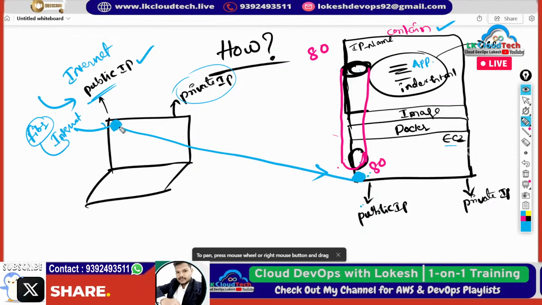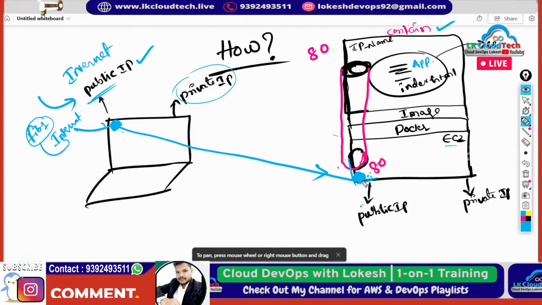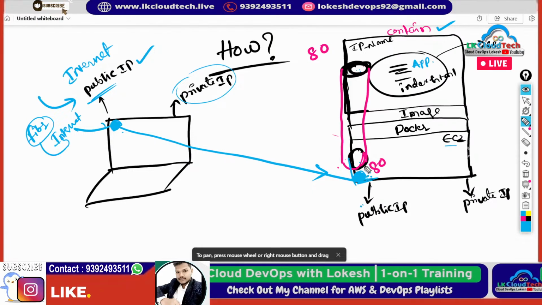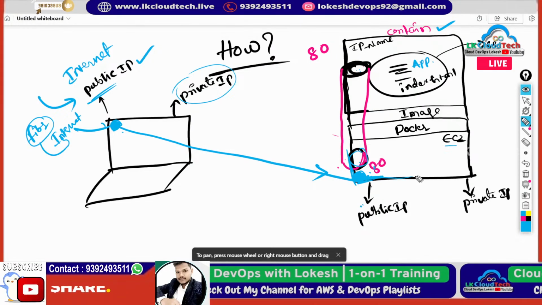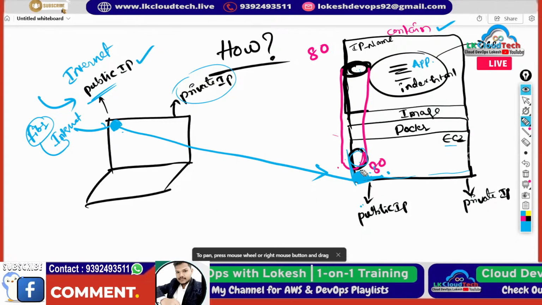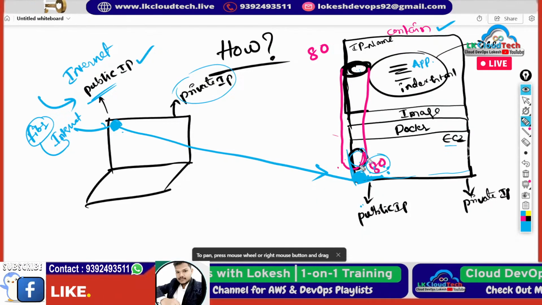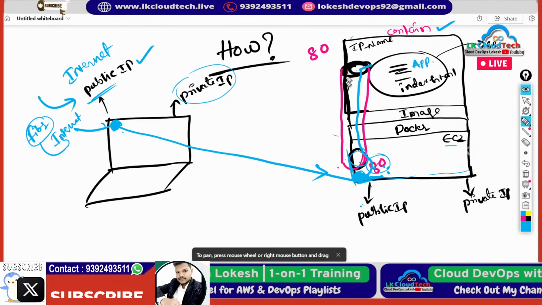This public IP will communicate with your EC2 machine. The EC2 machine already has port numbers, and you are connected to the EC2 machine. So whenever you go inside the EC2 machine, the port is already there, and through this port it will communicate with the container.